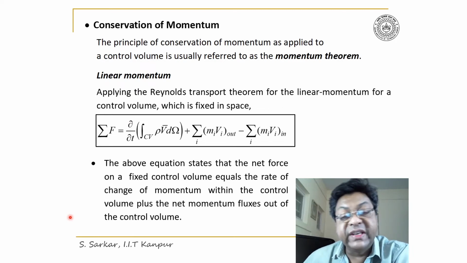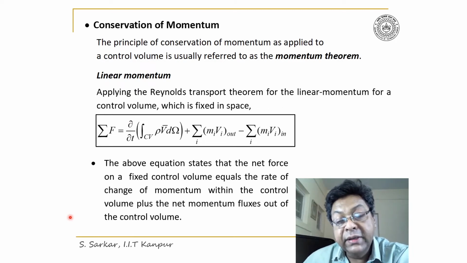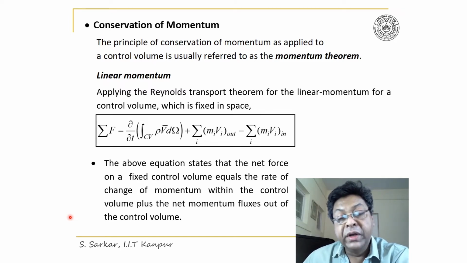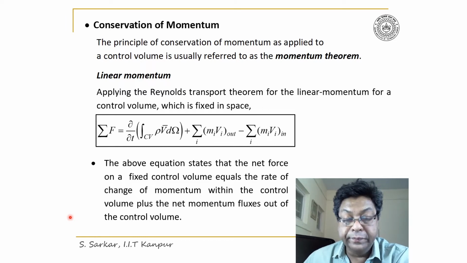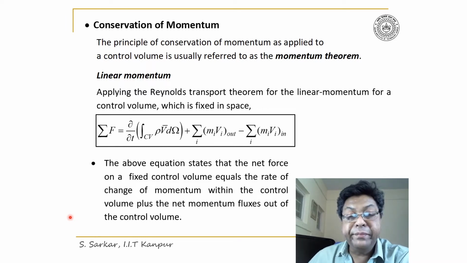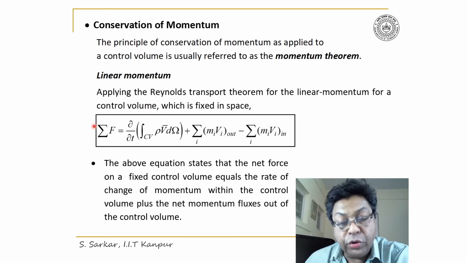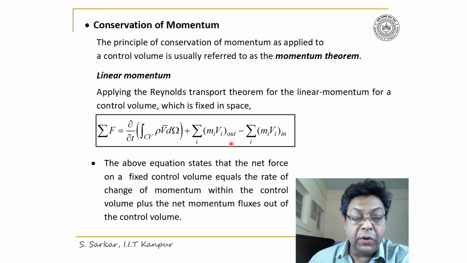The above equation states that the net force on a fixed control volume equals the rate of change of momentum within the control volume plus net momentum flux out of the control volume. For a steady system, this rate of change of momentum within the control volume would be 0. That means force on the control volume would be equal to momentum flux out of the control volume.